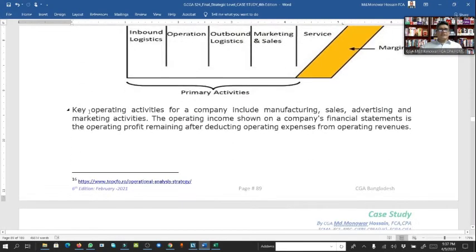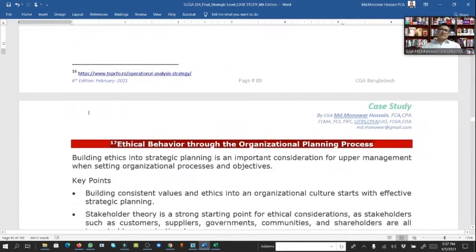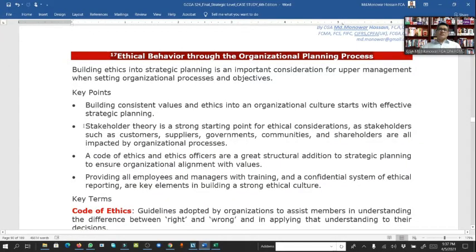So the key operational activities for the company include manufacturing, sales, advertising and marketing activity. The operating income shows in the company's financial statements as the operating profit margin after deducting the operating expenses from the operating revenue. So here we are considering ethical behavior through the organizational planning process.